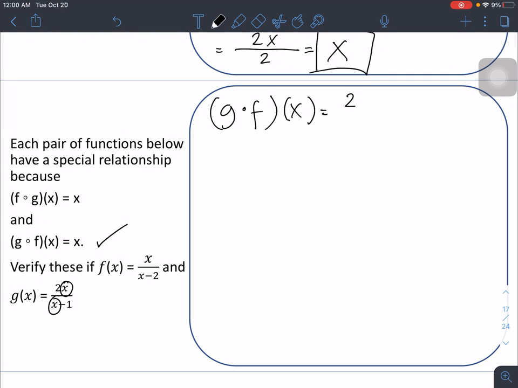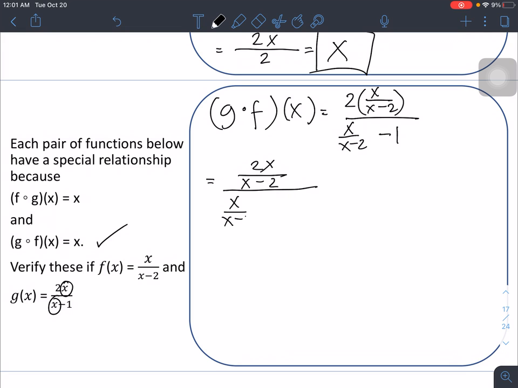The x's will be replaced by f of x, which will be x over x minus 2, all over x over x minus 2 minus 1. So let's try to simplify. So 2x over x minus 2 all over x minus 2 minus x minus 2 over x minus 2.